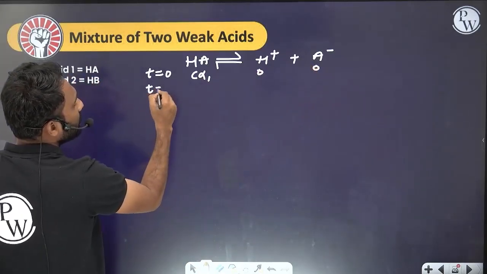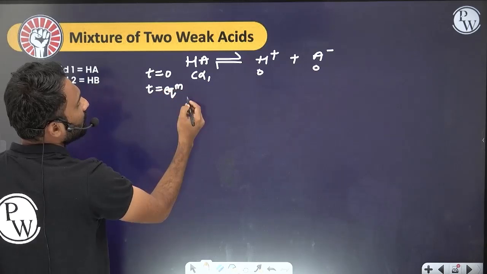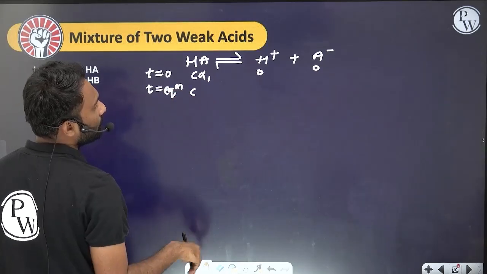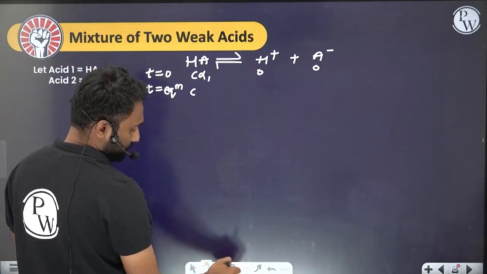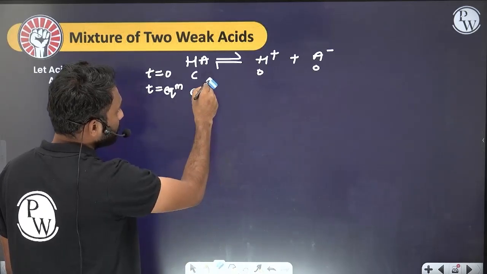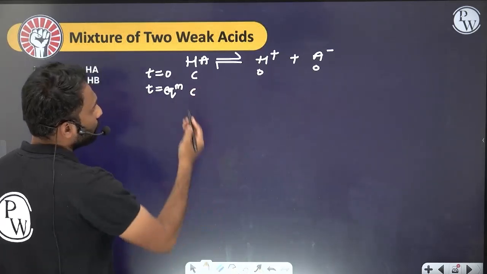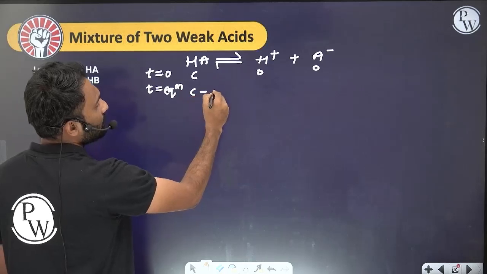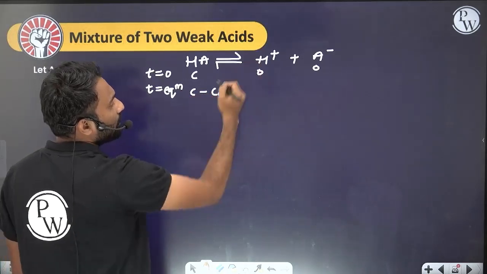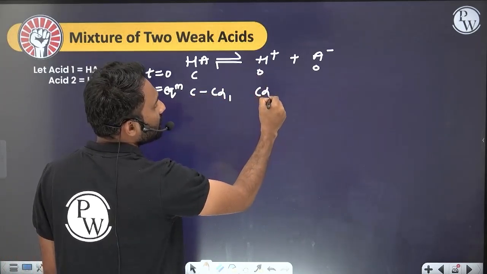At equilibrium, from the C concentration, C alpha has been dissociated. The H plus ion concentration is C1 alpha 1.